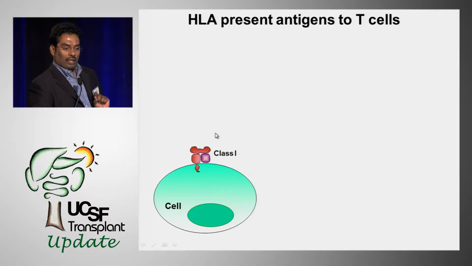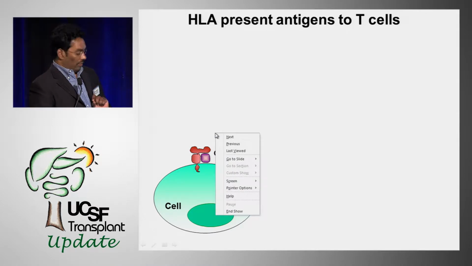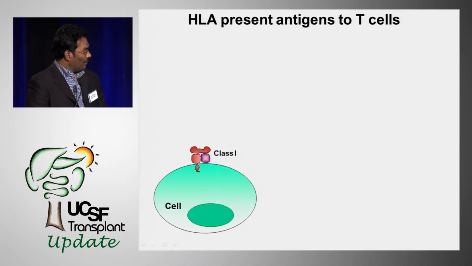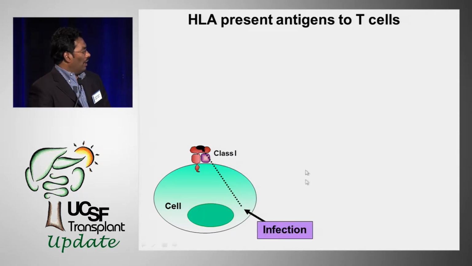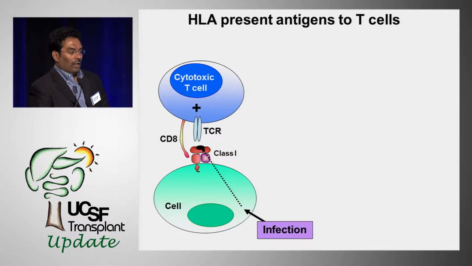So if you get an infection, the infectious materials or the viral proteins are loaded in the context of our self-HLA class 1, which is presented ultimately to a subset of T lymphocytes called CD8 positive T lymphocytes, which make up the majority of T cells in our bloodstream.